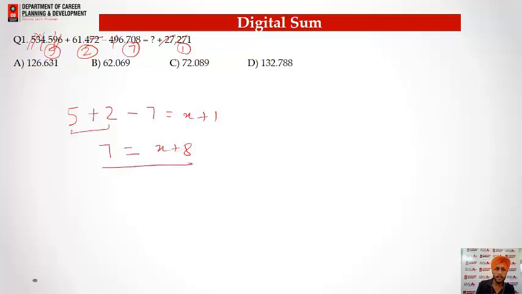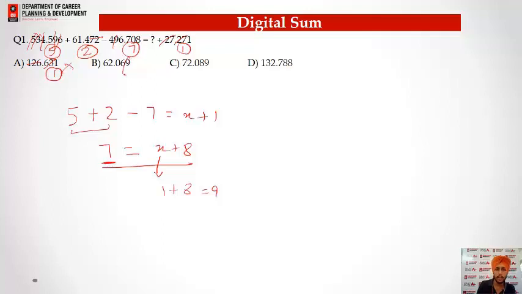So now let's check our options. So 6 plus 3 is 9, we can ignore 9. 6 plus 2 plus 1, 9, we can ignore, so the digital sum of this option will be 1. Let's put this 1 here in place of x. So when I put 1 in place of x, it will become 9, but we need 7, so it means this is not our correct answer.